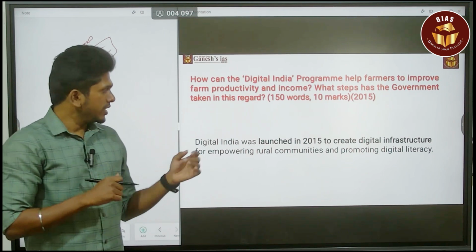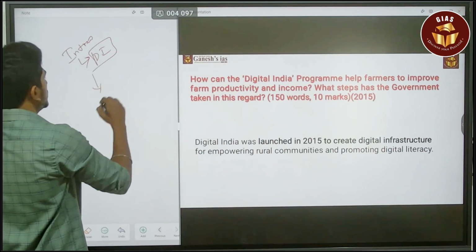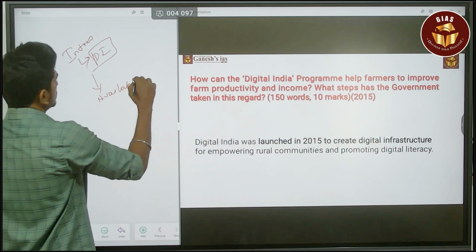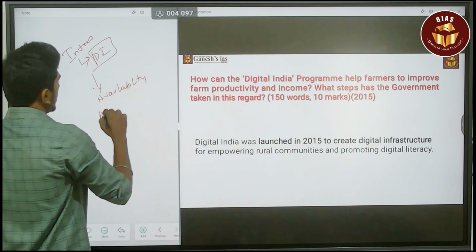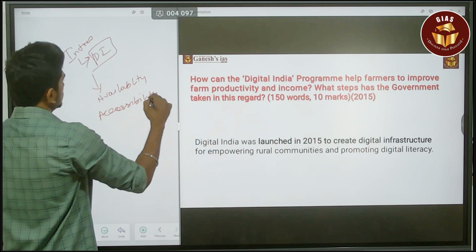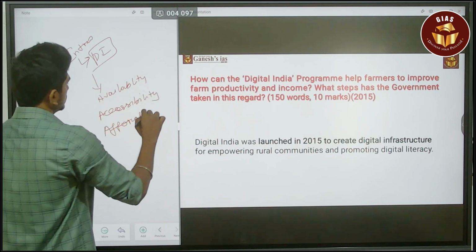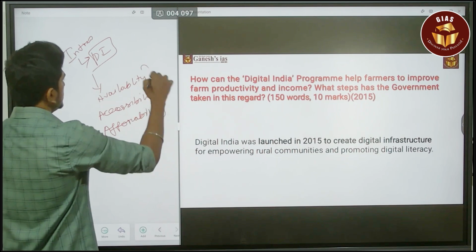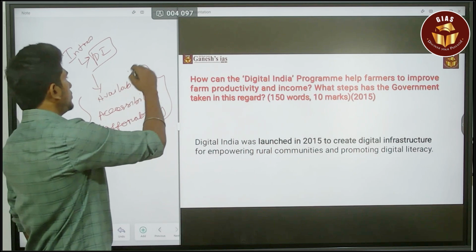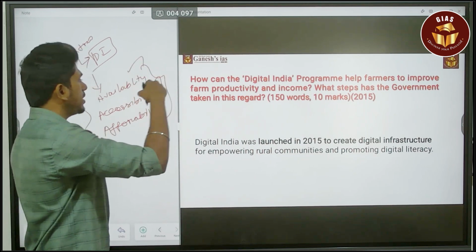And when it comes to Digital India, the major aim is to give availability. Next, accessibility. And the last thing is affordability. These are the major motives of the Digital India program. So internet service will be available, and people should have the ability to access it.